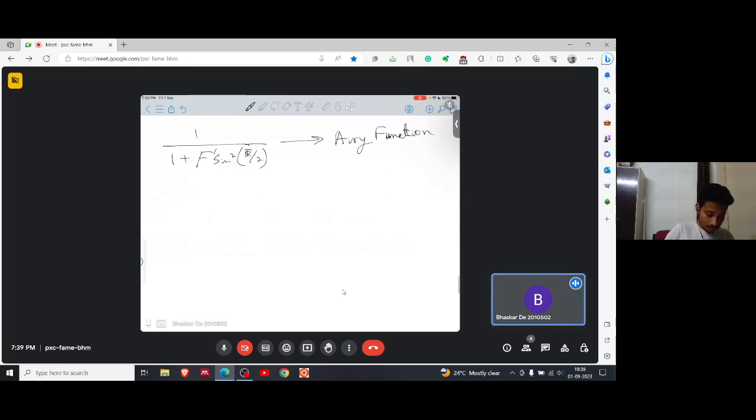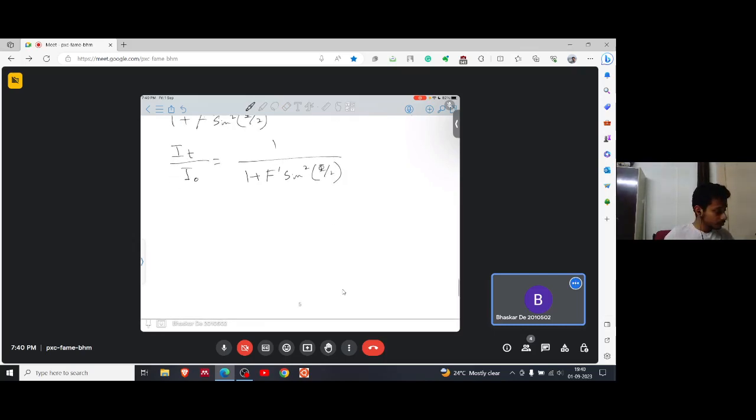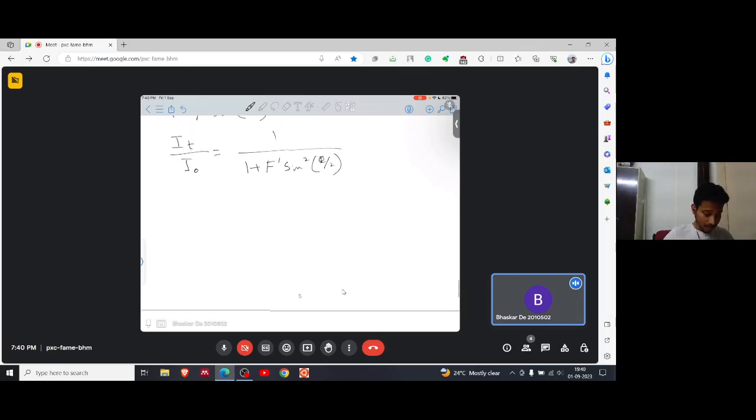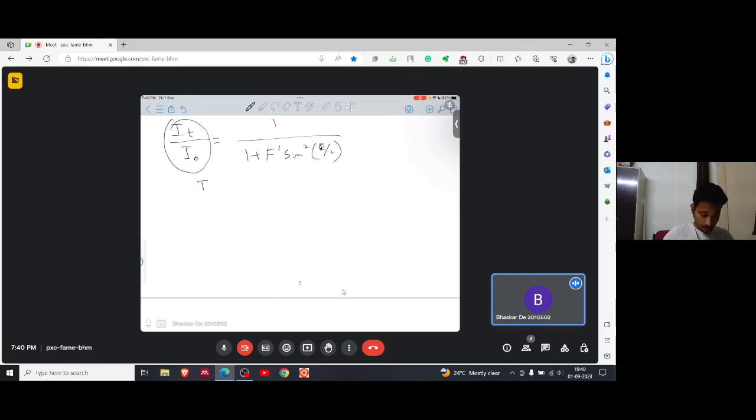Okay, so after that we can write IT by I naught as 1 by 1 plus f dash sine square phi by 2. Now the maximum value of IT by I naught will occur when phi by 2 is n pi, that is we will have sine n pi.